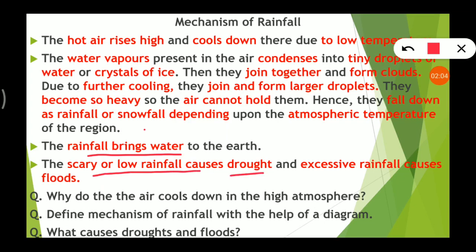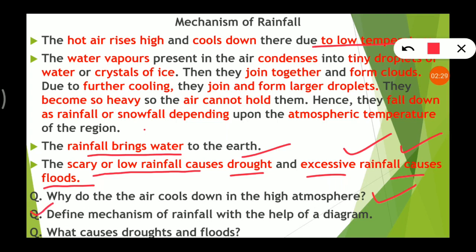If it is excessive, then there are floods. So scanty or low rainfall causes droughts, and excessive rainfall causes floods. Now the questions that you have to attempt here: why does the air cool down in the high atmosphere? Because there is low temperature.